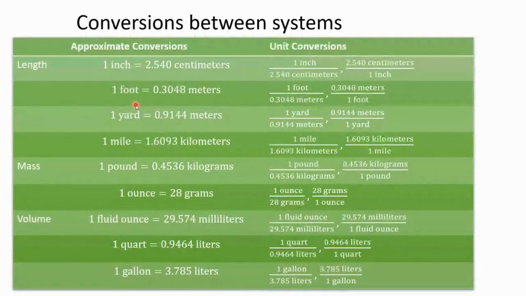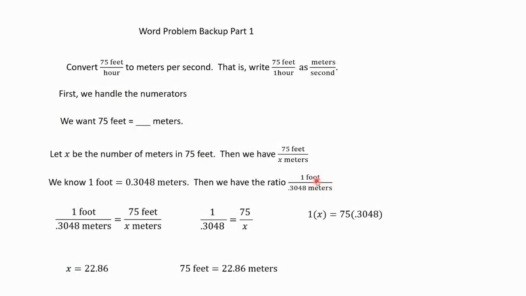Okay, but again, going back here, we have feet over meters, right? From here, we can use the first ratio. So this would be the ratio with known information. And just like before with these ratios, we make a proportion.